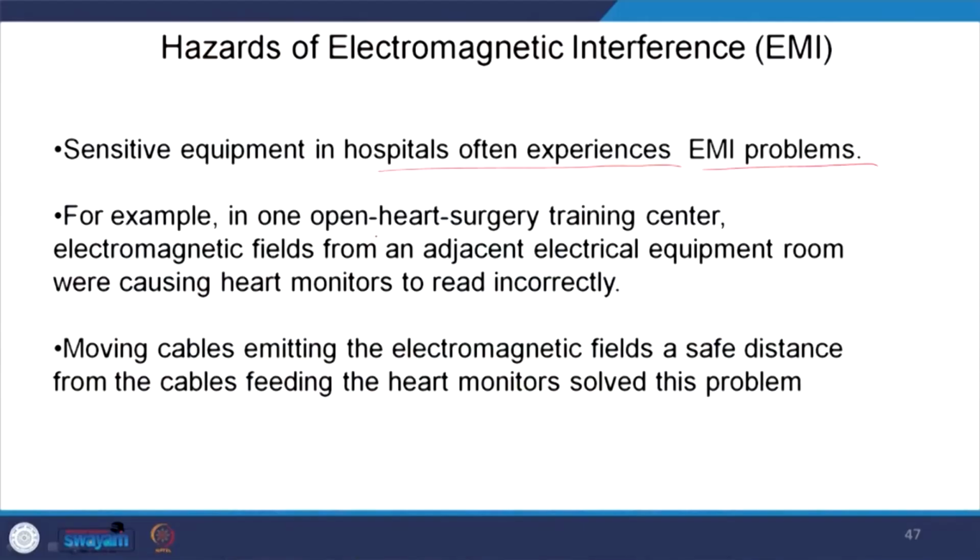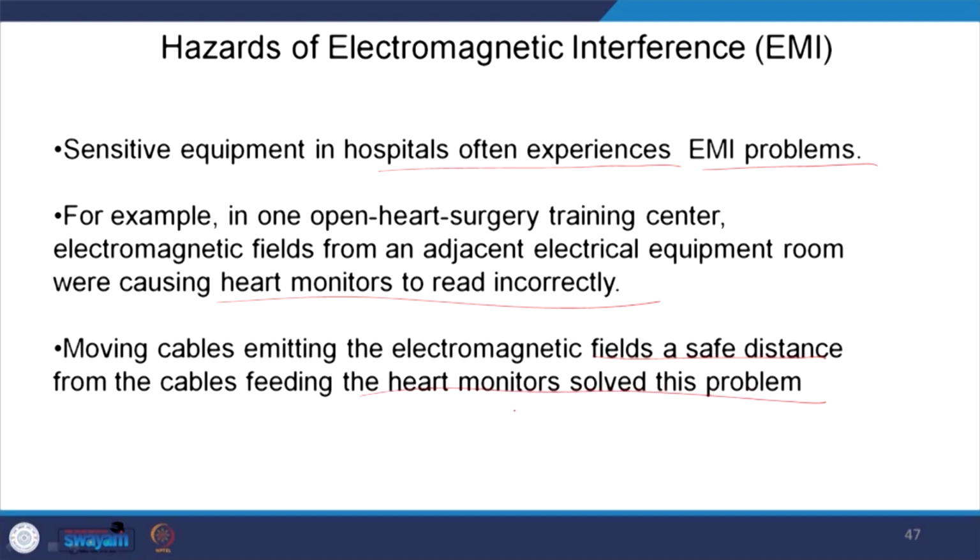For example, in one open heart surgery training center, electromagnetic field from an adjacent electrical equipment room was causing the heart monitor to read incorrectly. So, this is a big problem there. Keeping the moving cable emitting the electromagnetic fields at a safe distance from the cable feeding the heart monitor may solve the problem.